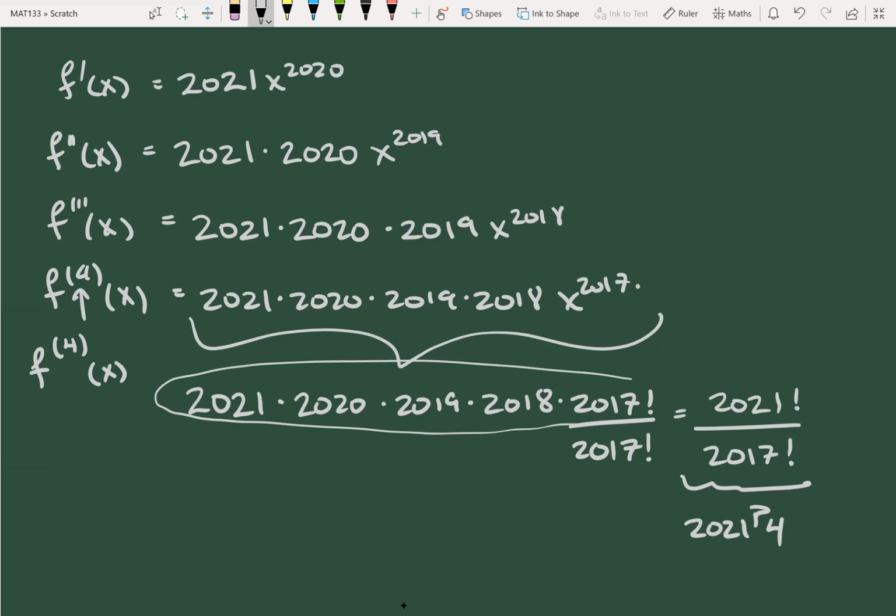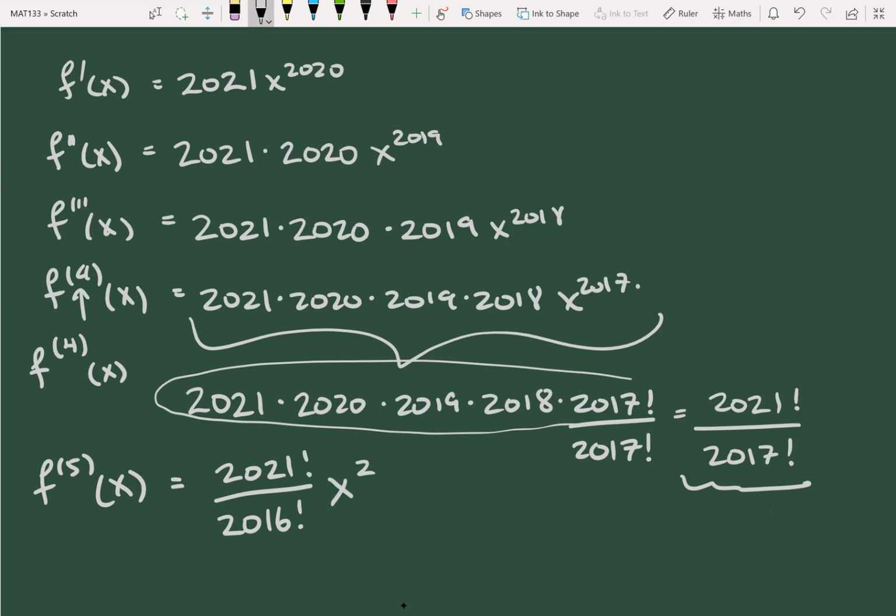So what you guys hopefully see then, okay, so you guess the pattern. Probably if you were to write it out, F to the 5 of X is 2021 factorial divided by 2016 factorial, right? Times X, obviously, to the 2016.